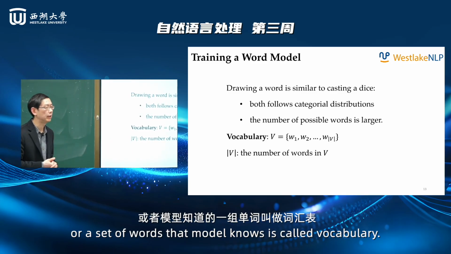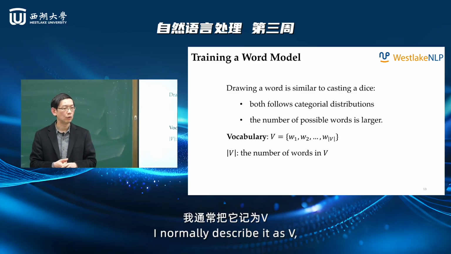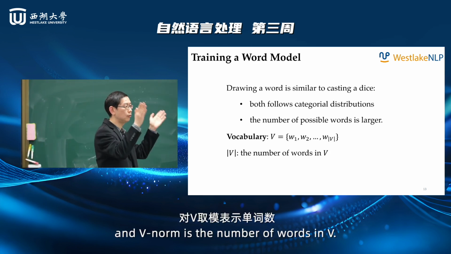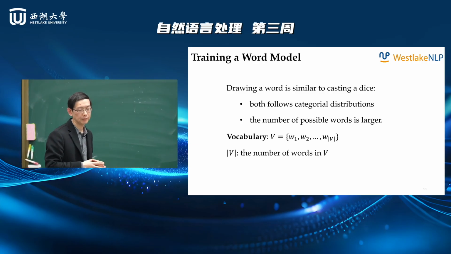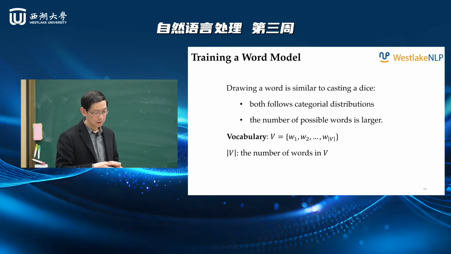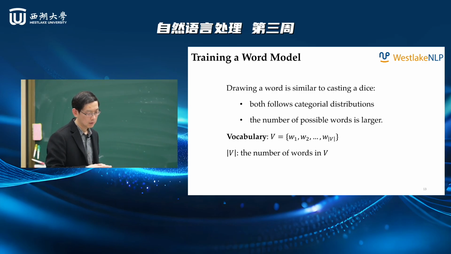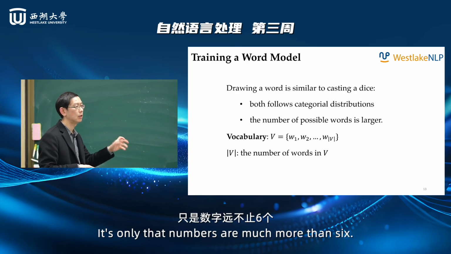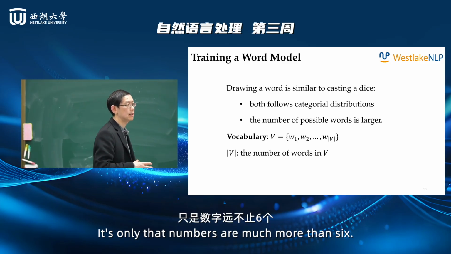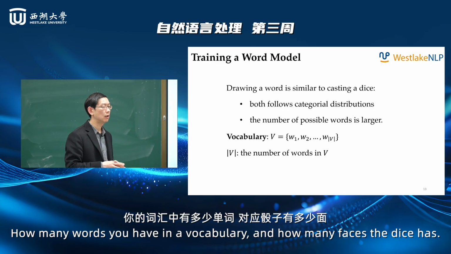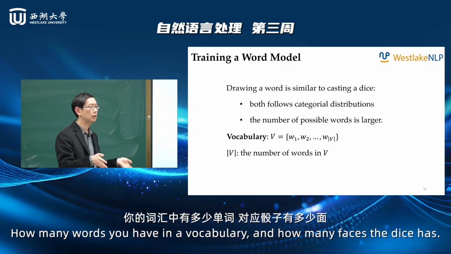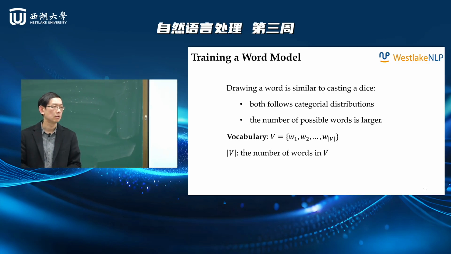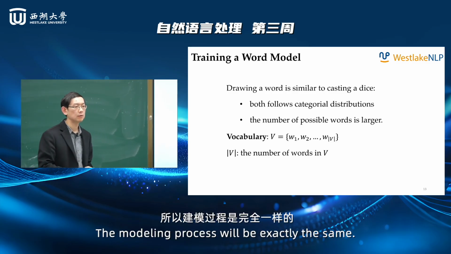I normally describe it as V, and |V| is the number of words in V. So it's like casting a casino dice. It's only that the number of faces is much more than 6. However many words you have in the vocabulary, that's how many faces the dice has. So the modeling process will be exactly the same.